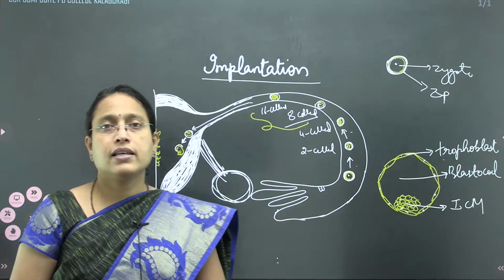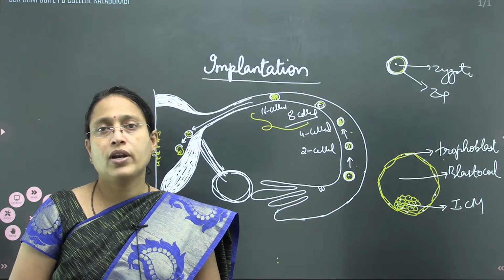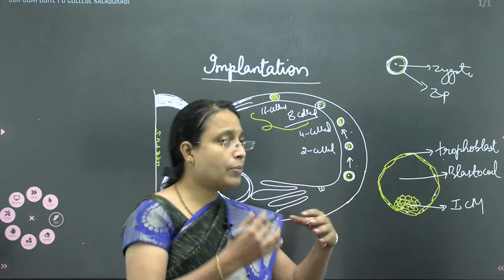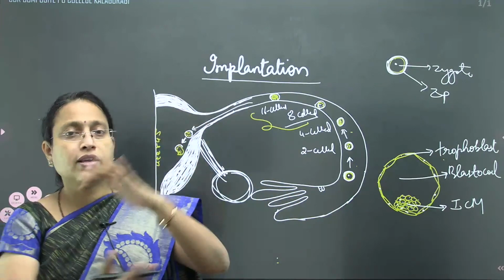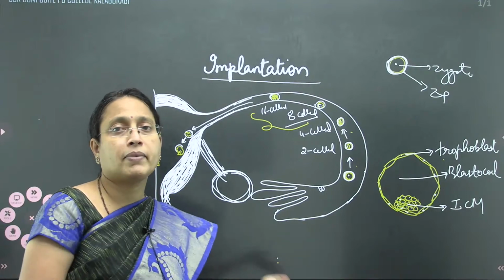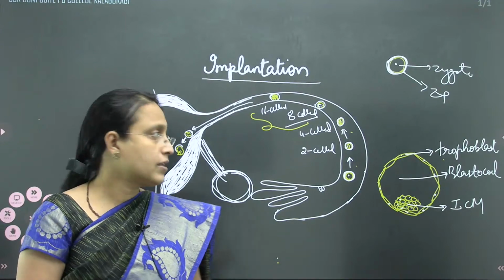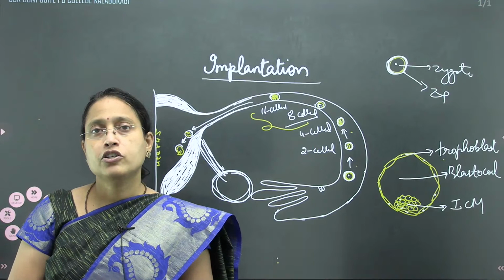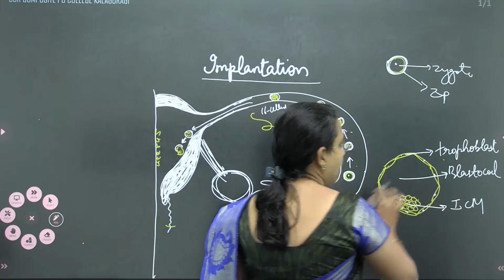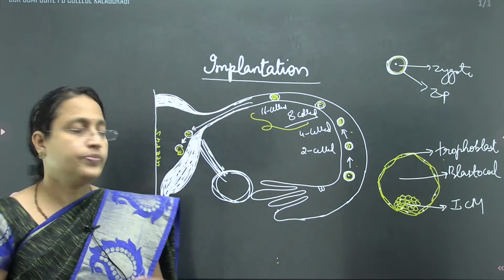So trophoblast is responsible for extra embryonic membranes. Why? Because as embryo develops, to protect and support that embryo, these extra embryonic membranes should be there, and they are developed from the trophoblast. However, this cavity is going to obliterate.